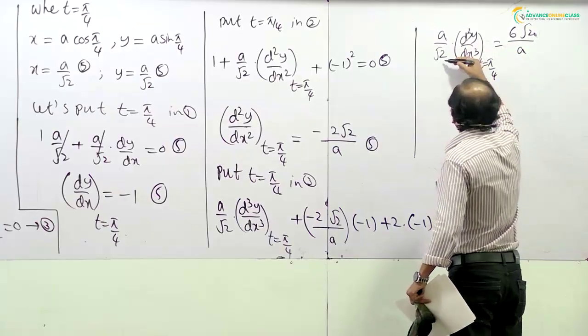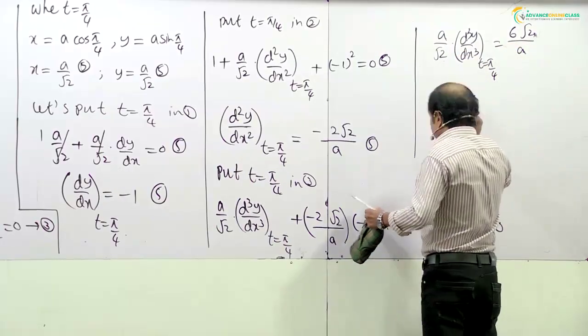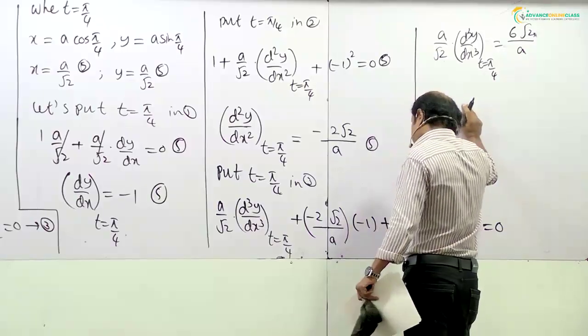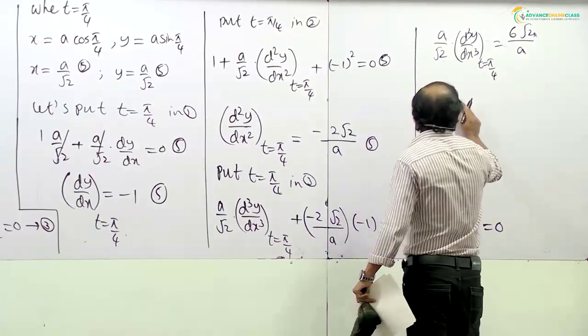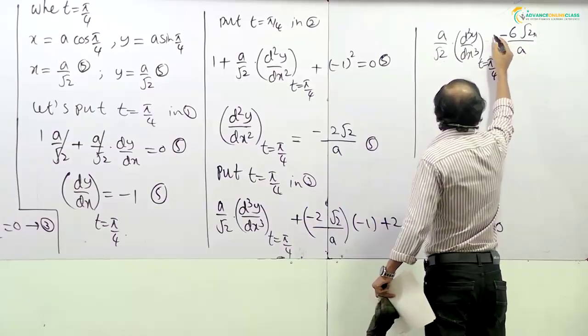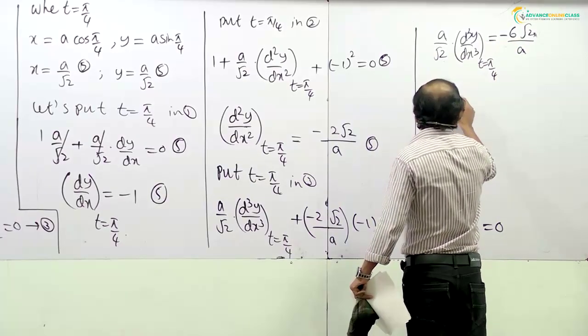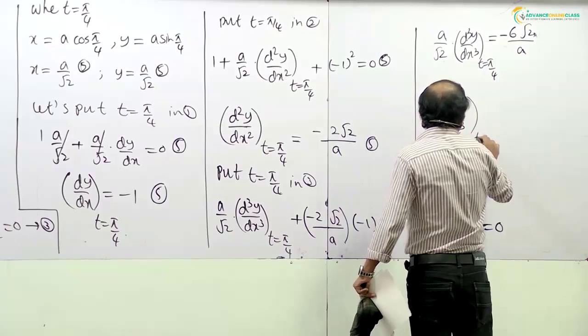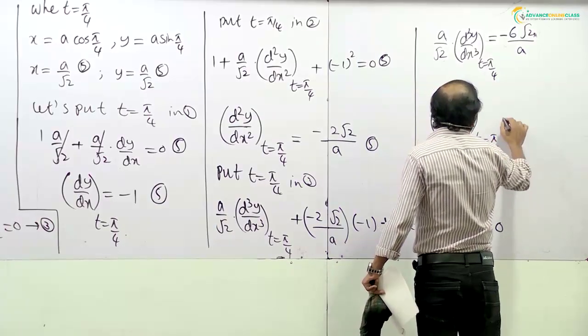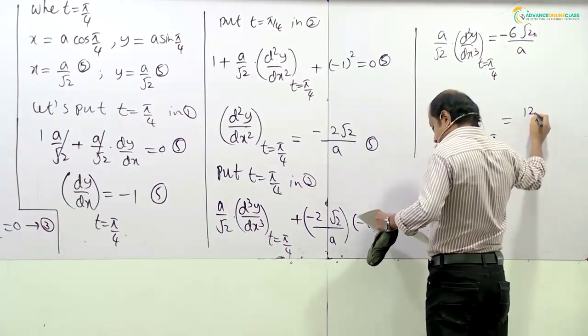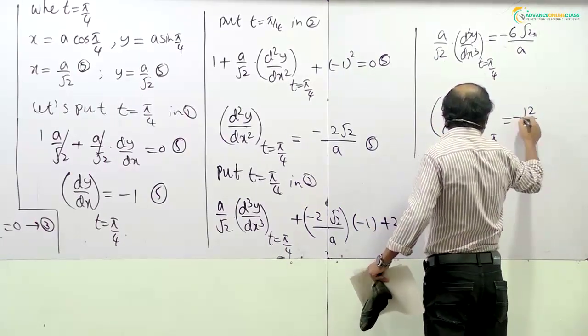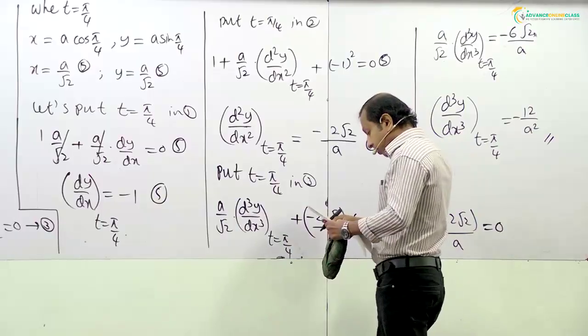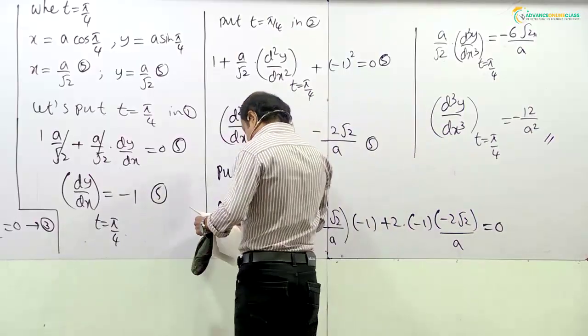You get root 2 here. Then we get the required answer. Yes, minus sign coming, when we take this right hand side, we get minus. Correct. Twelve over a squared with minus sign.